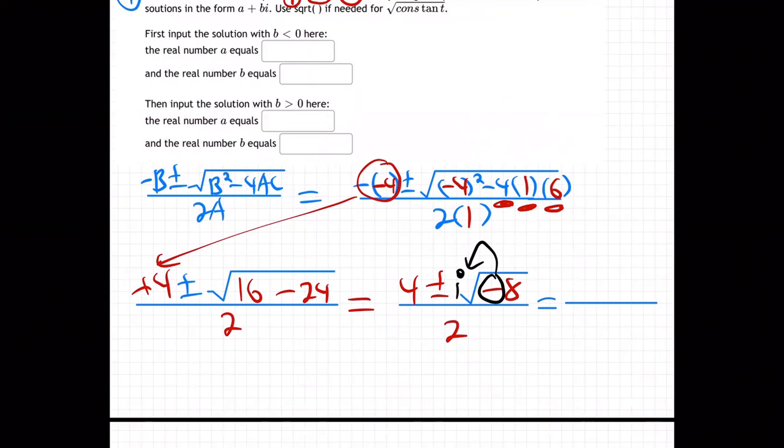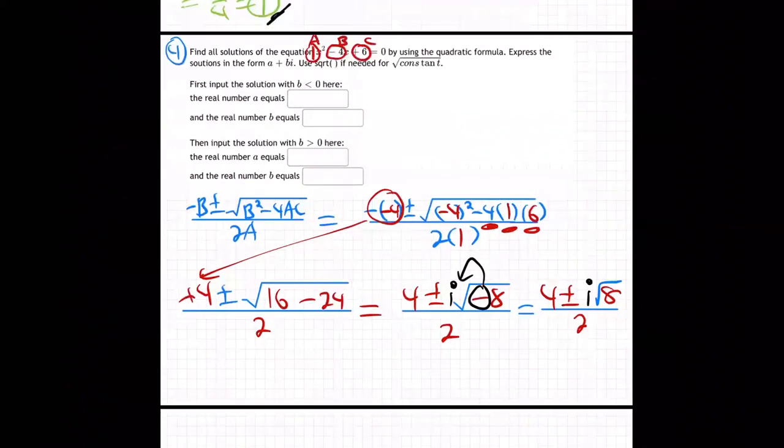So then that comes out. And so this becomes 4 plus or minus i, and then it's just square root of 8 over 2 like that. Is that making sense? So that negative comes out as an i. We've seen that before. That's not our first time.